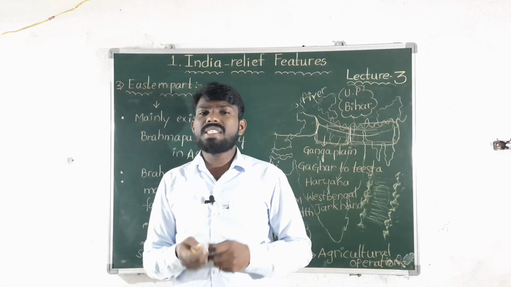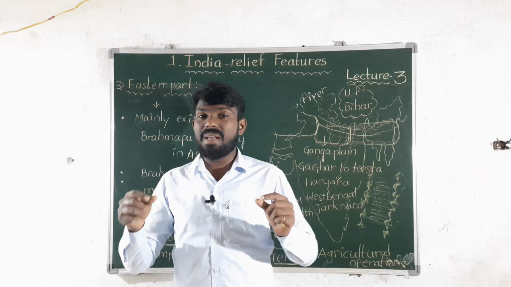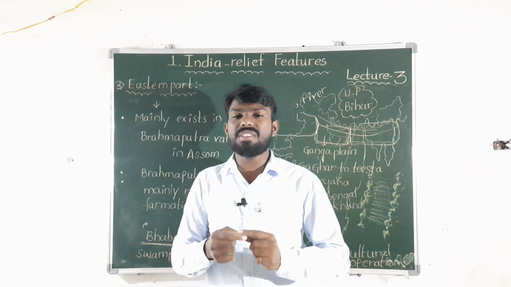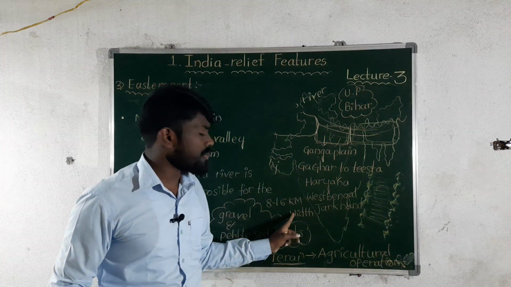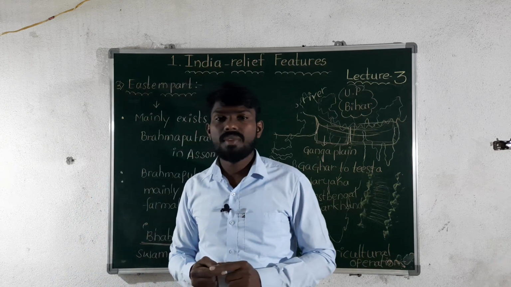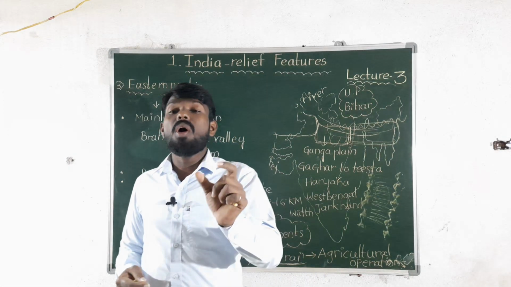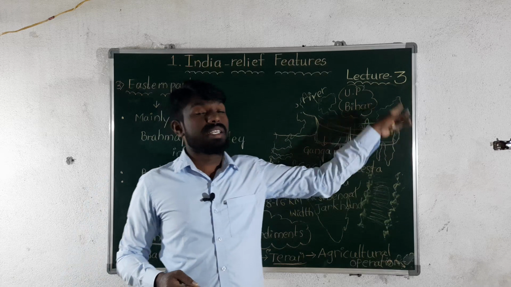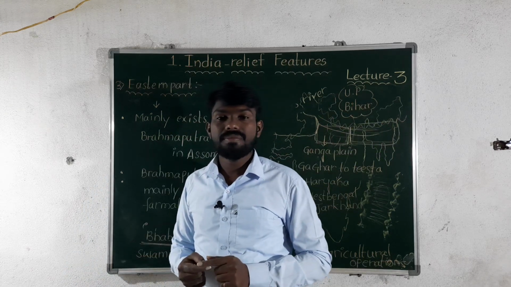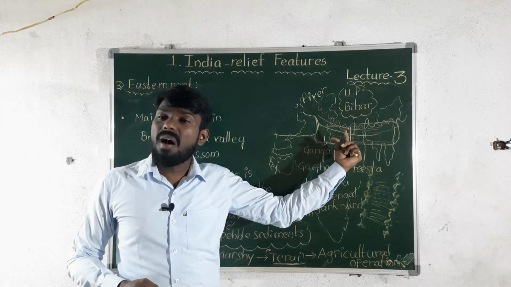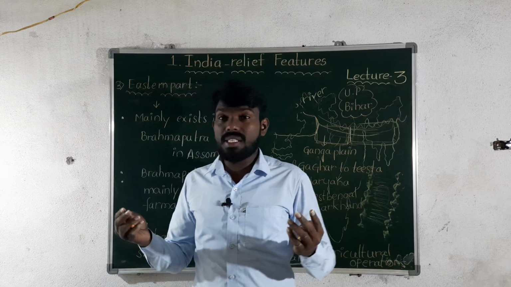Himalayan rivers deposited gravel and pebble sediments in a narrow belt of 8 to 16 kilometers width, found parallel to the foothills of the Shivaliks. This feature is called Bhabar. Bhabar is porous in nature.